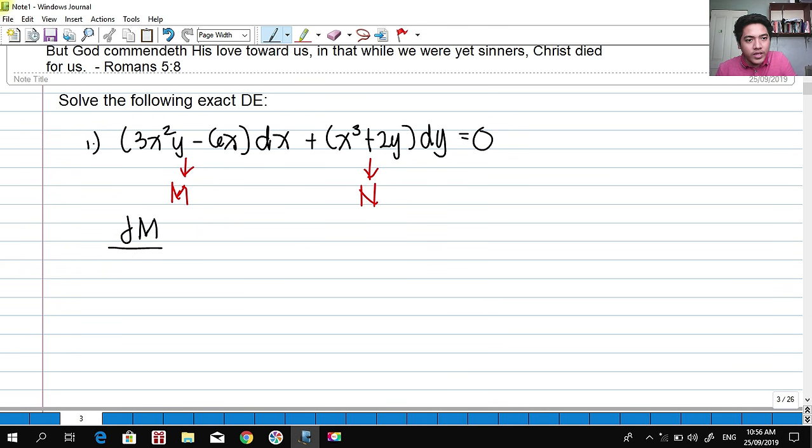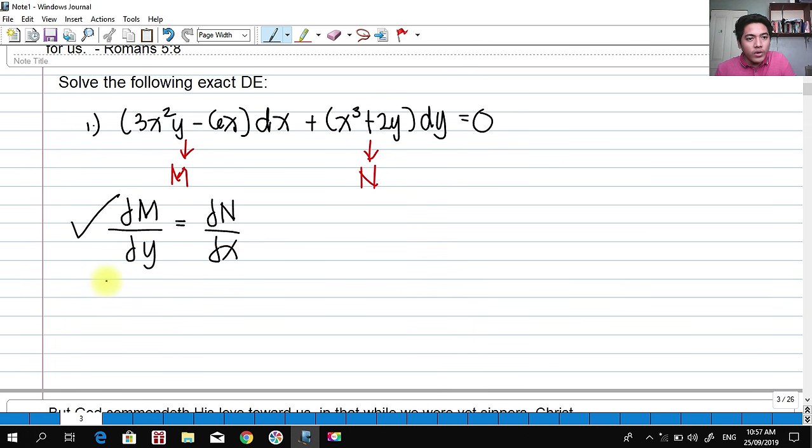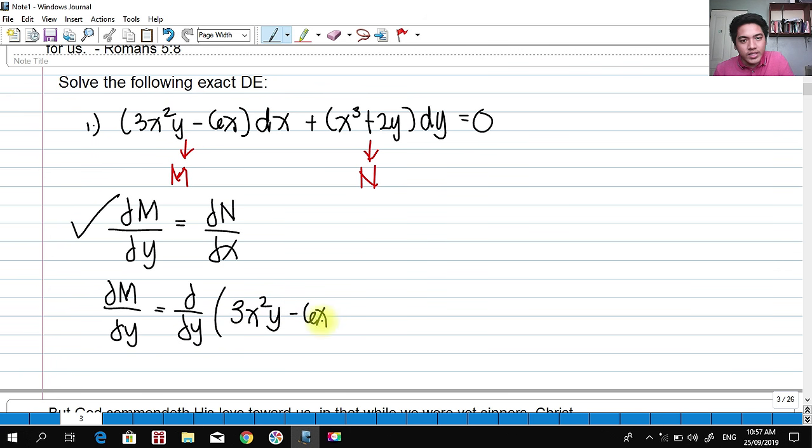That is, the partial derivative of M with respect to y must be equal to the partial derivative of N with respect to x. We must test this in order for this DE to be exact. First of all, we're going to get the partial derivative of M with respect to y. What is our M? This is our M: 3x squared y minus 6x.